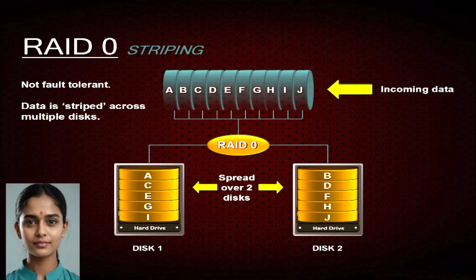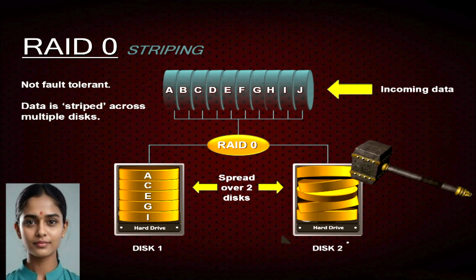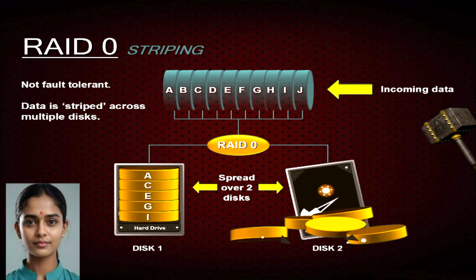So if just one of these disks fails, or if you decide to destroy it yourself with a hammer, then all the data would be lost. So the only reason why you would want to use RAID 0 is speed. Because when you have two disk controllers working instead of one, then accessing data is much faster.